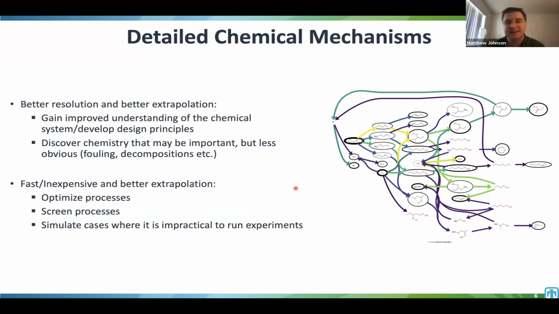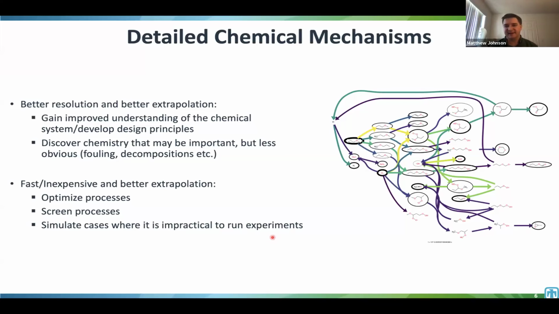This lets us use detailed chemical mechanisms to gain improved understanding of the chemical process, develop design principles, and discover unobvious chemistry, like fouling and decompositions. It lets us relatively easily optimize processes, screen possible processes, and simulate cases where it's less practical to run experiments.